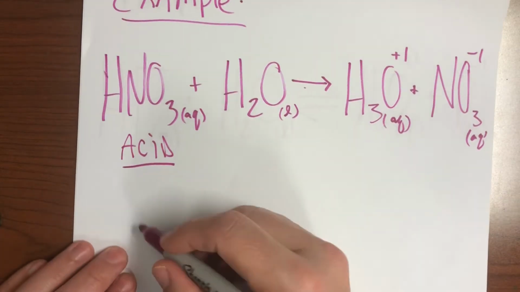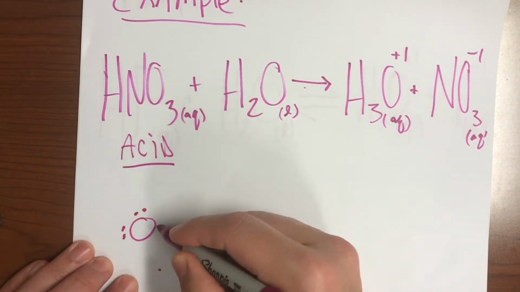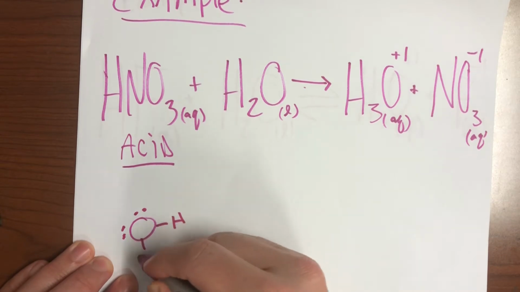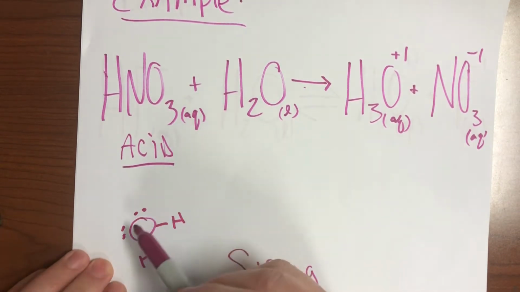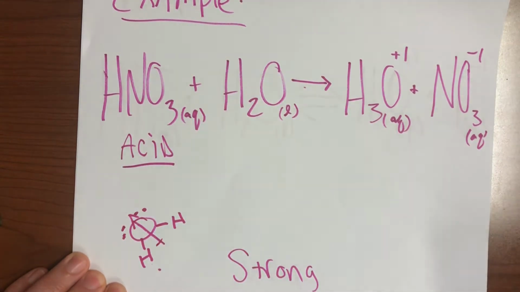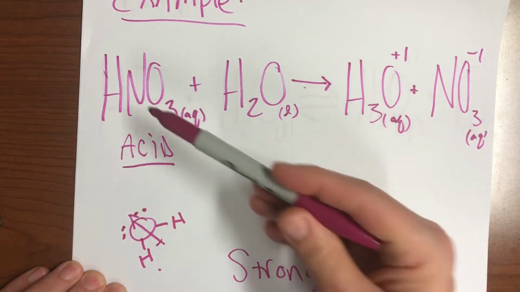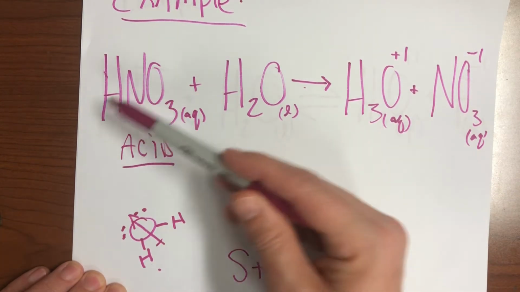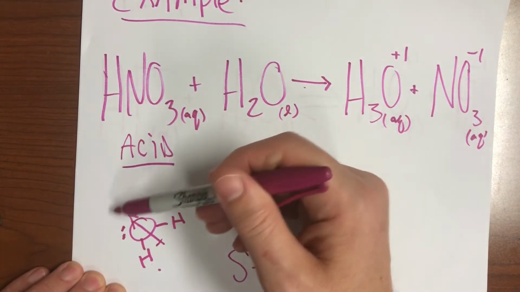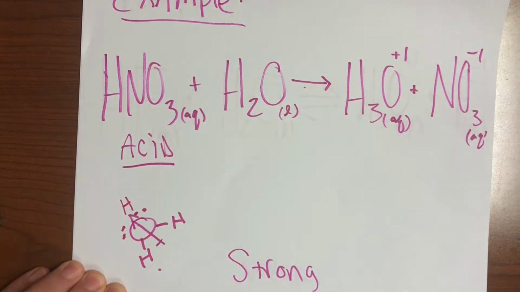Well, let's take a quick little diversion. Remember our Lewis structure for water has these two lone pairs on this end, causing a net dipole, a pretty strong dipole in that direction. And so the hydrogen from nitric acid will be so attracted to this dipole that it will leave and glob onto that.